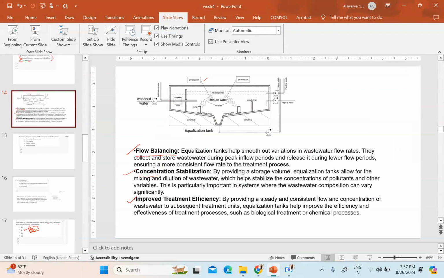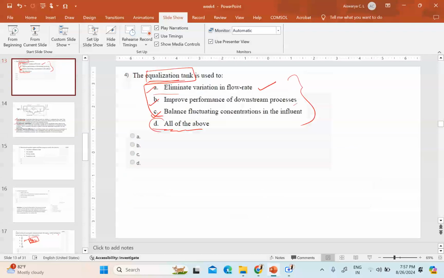This thing is needed: what is the equalization tank, how it works, more with the graphical thing. Okay, any more?